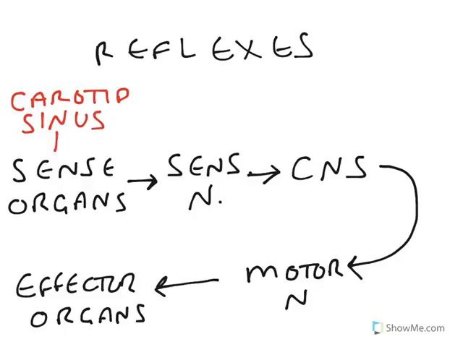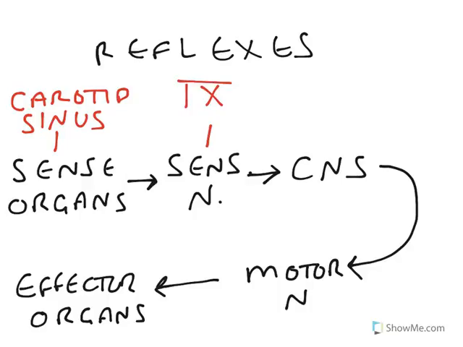But the basic idea is that this is a swelling in an artery, and within the walls of the artery at this point there are so-called baroreceptors which are sensitive to stretch. And if those baroreceptors are stretched, they will lead to an increased frequency of action potentials in the sensory nerves which innervate the carotid sinus. And in this case, the sensory nerves are the glossopharyngeal nerves.